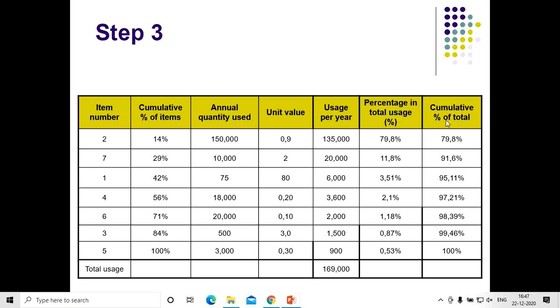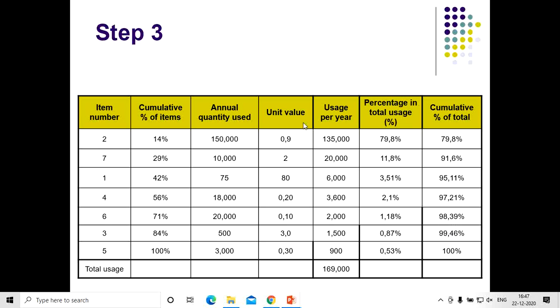Now I will go for cumulative percentage. Cumulative percentage is just the sum: the same 17.8, and in the second row 17.8 plus 11.8, that is 91.6. Go on adding, and I will get 100%. I have already discussed that the check at step number 3 is that you have to get 100% at the last item.